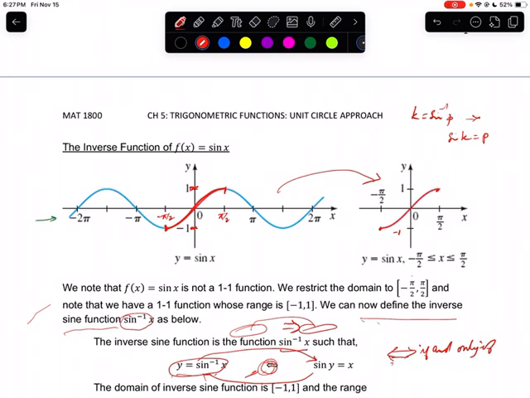And if you are given something like sine of m equals t, you can get that sine inverse of t equals m. So that's what it means by if and only if.